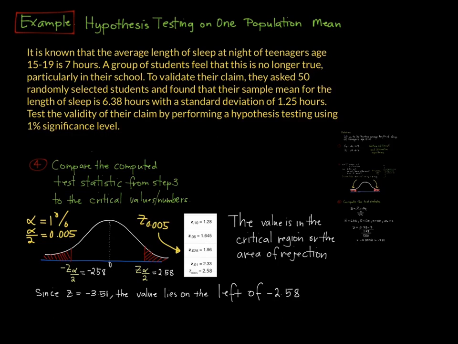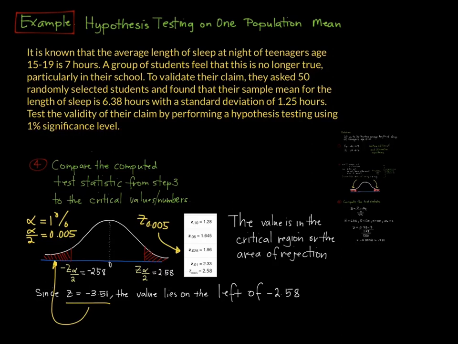That is why the negative z of alpha over 2 is negative 2.58, and the z of alpha over 2 is positive 2.58. This will set the boundaries for our critical regions or the area of rejection. If we go back to our computed z value, the test statistic, we found that to be negative 3.51. That means this number will be in the critical region or in the area of rejection.